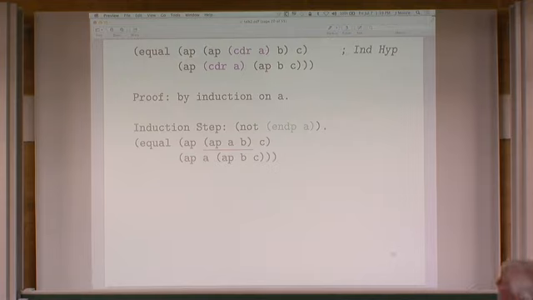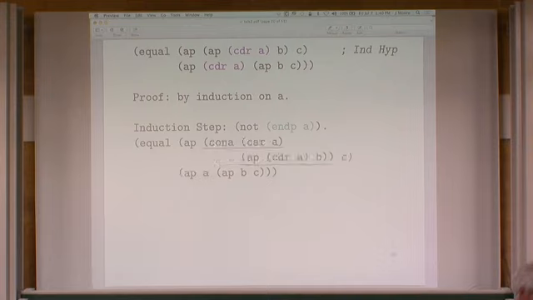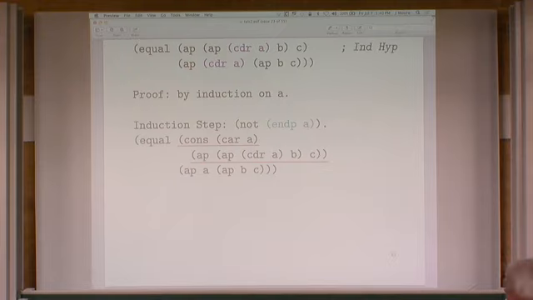So now we have this as a hypothesis, we have that as a hypothesis, and we're trying to prove this. Again, focus on the things controlled by A. Append A, B becomes cons of the first element of A onto the recursive call. Now this append can open up because it's controlled by something we know about, namely this cons. And so that becomes this.